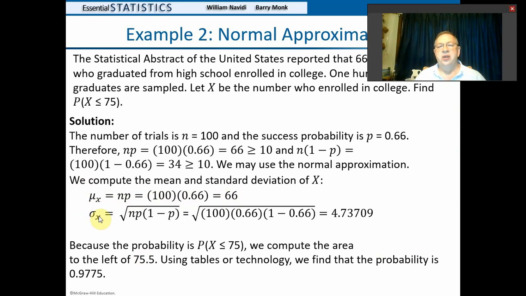The standard deviation, square root of np(1 minus p), is 4.73709. And the statement is the probability that x less than or equal to 75. So I'm going to use correction, and I'm going to add 0.5 to the 75 to include that 75, and then using the tables or technology, the probability is 0.9775.